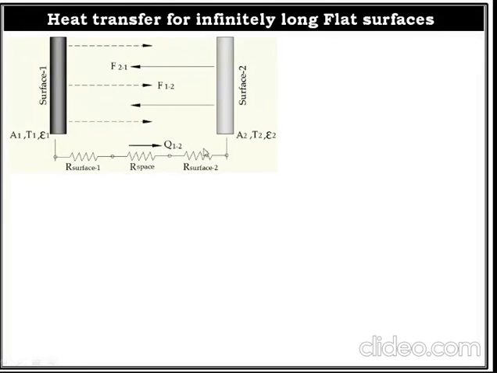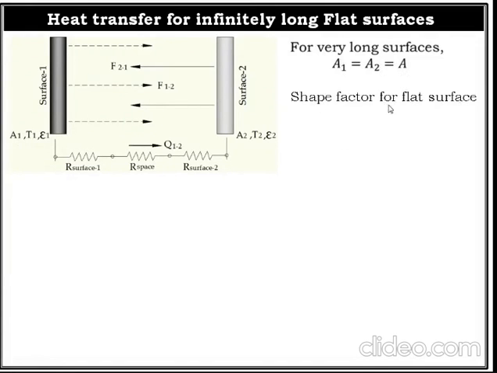So Q1 to 2. For infinitely long surfaces, we know that both areas will be the same. So A1 and A2 are the same, and we will note it as A. Shape factor for flat surfaces: from the property, F11 will be 0.